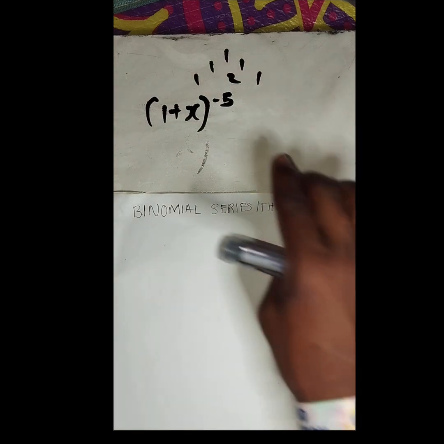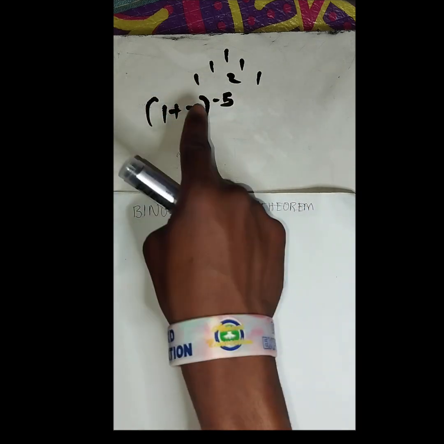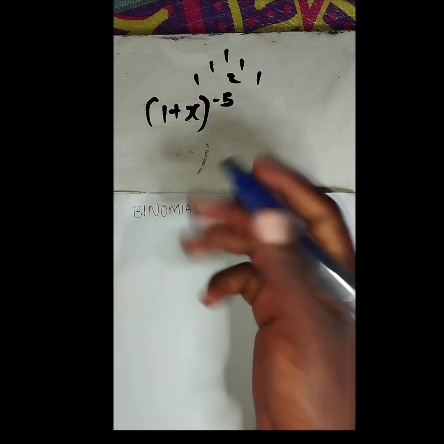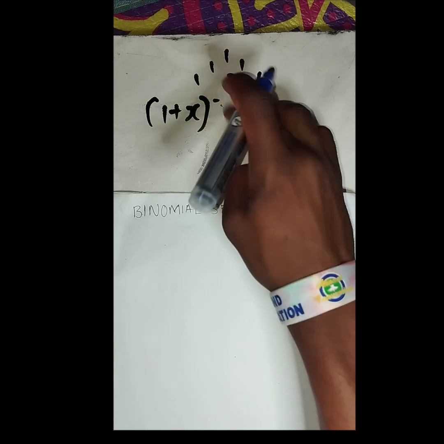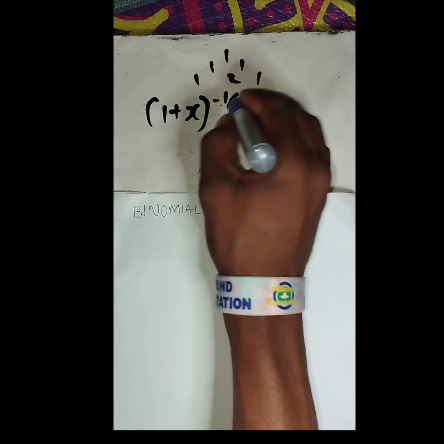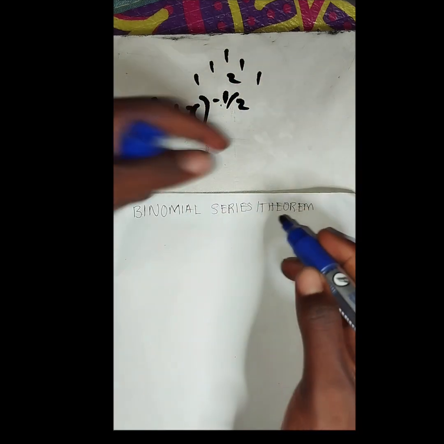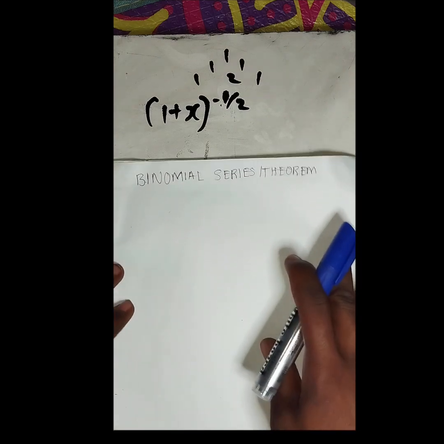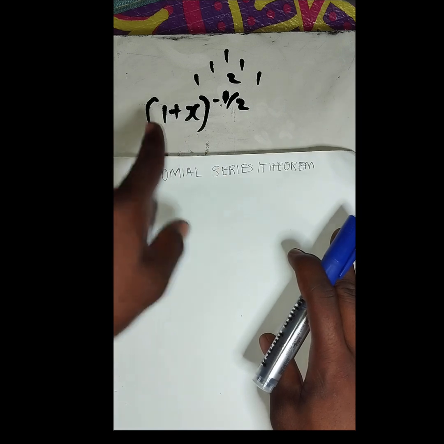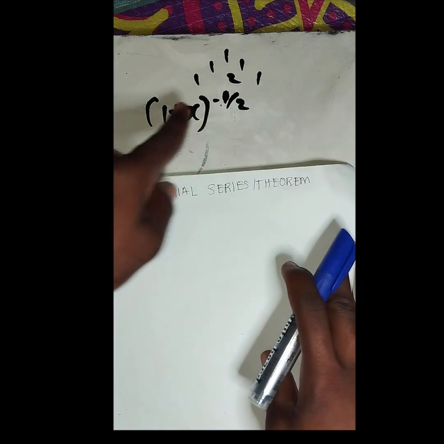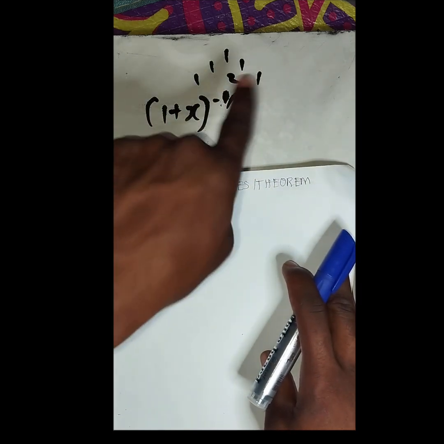So binomial expansion can never solve this. Or you can even have something like 1/2. In this case, it still cannot solve it. So with the help of our binomial series, we will be able to solve more and more questions that come in this kind. So let's go.